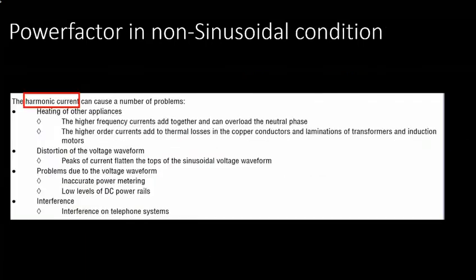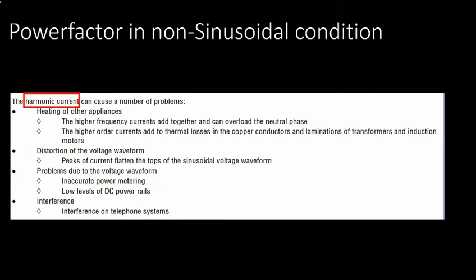Just talking a little bit more about the harmonic current and the problems that happen due to the harmonic current. Basically, it results in the heating of appliances or applications or loads. So higher frequency currents add together and can overload the neutral phase. The higher order currents also add, obviously, to thermal losses in the copper conductors and laminations of transformers and induction motors.